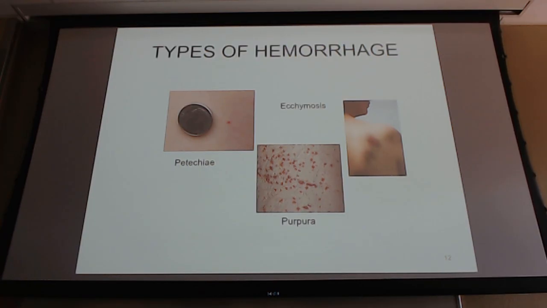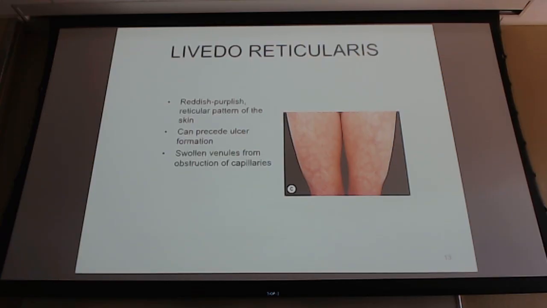So now we're going to talk about some specific skin findings associated with the vasculitis, okay? First up, we're going to talk about livedo reticularis. So this is a reddish, purplish, reticular pattern of the skin. What's something similar to a reticular pattern that we talked about in block 2? Wickham's, right?